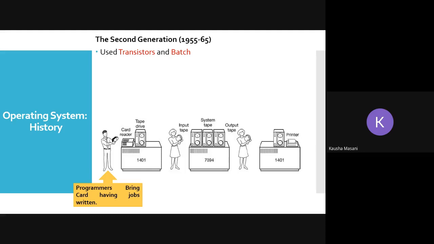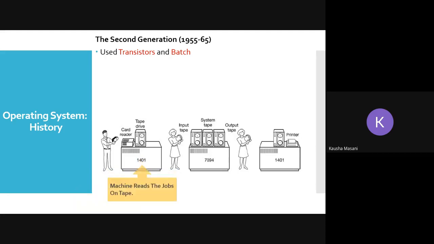The programmers used to bring those stacks of jobs to this device, the 1401. There was a card reader which used to read these jobs and write them onto tape, big tapes.